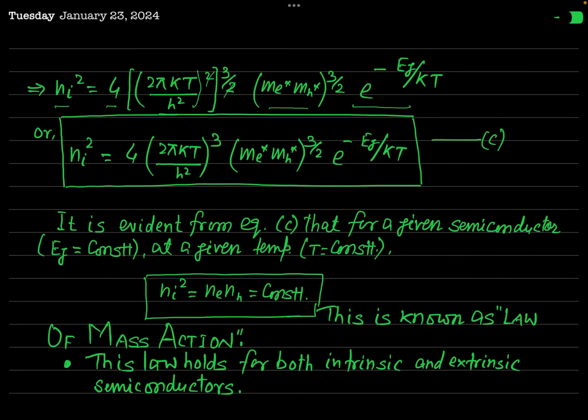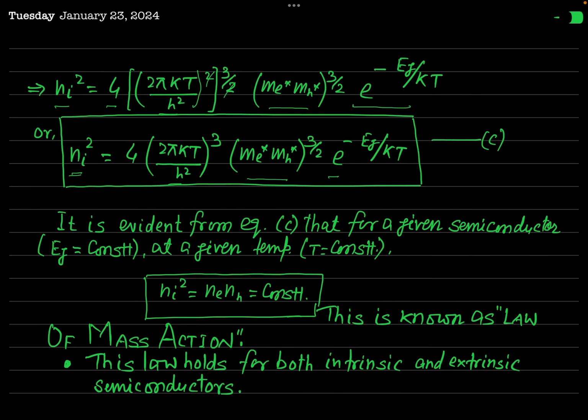So finally you can write that Ni square is equal to 4 times (2 pi Kt over h square) whole to the power 3 by 2, times (Me star times Mh star) whole to the power 3 by 2, times exponential raised to the power minus Eg over Kt. Now you know this is the expression for the square of the intrinsic carrier concentration.